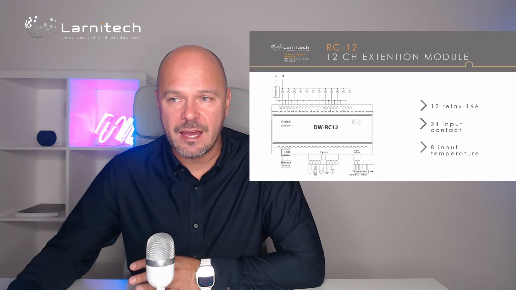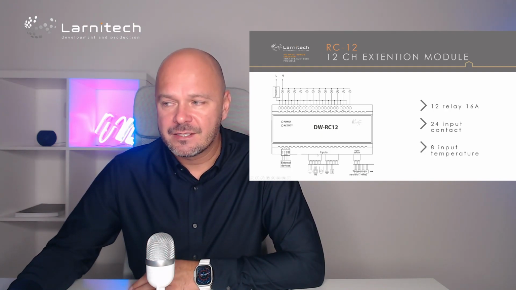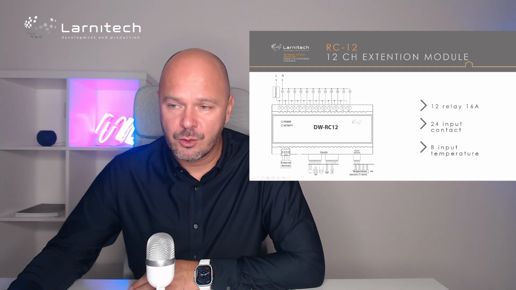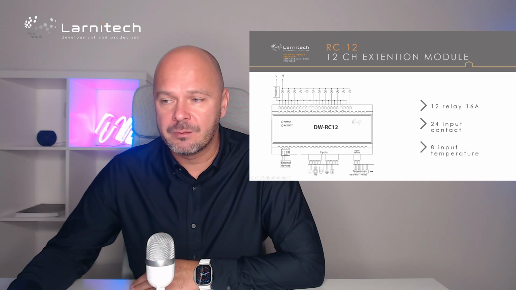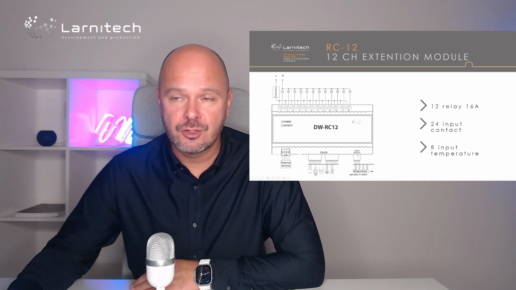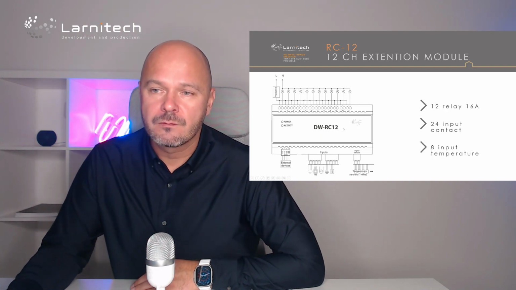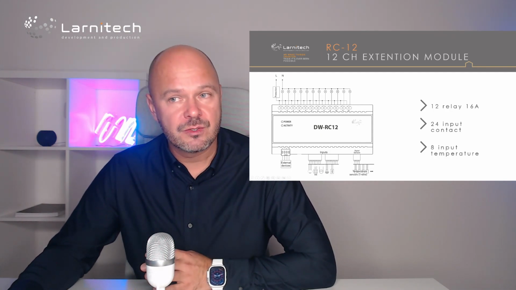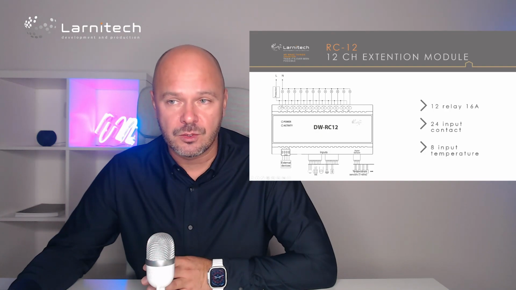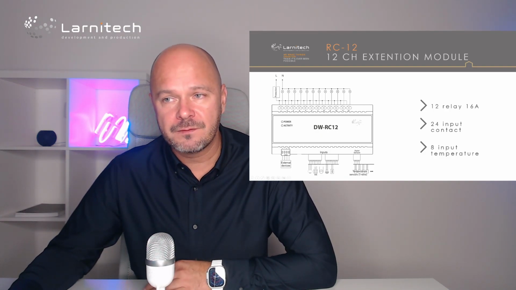They are 16 amps. And you can also use 24 inputs, same as on Metaforsa, and up to 8 digital sensors. So you can connect maybe 2 fan coils to it if you want to connect fan coils. So 5 and 5.